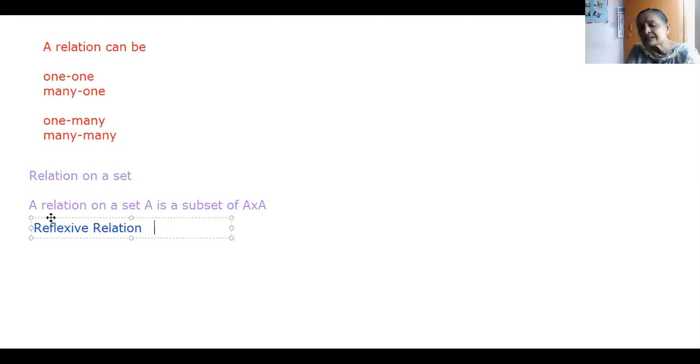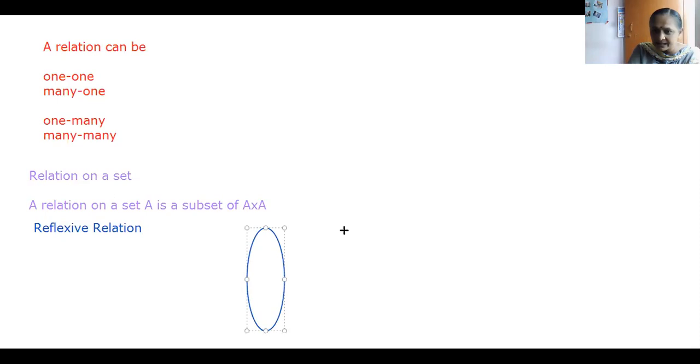So it's natural that I'm talking about a relation on a set. I'm taking the same set again. While describing reflexive relation, I'll draw A, and again let me draw A back.